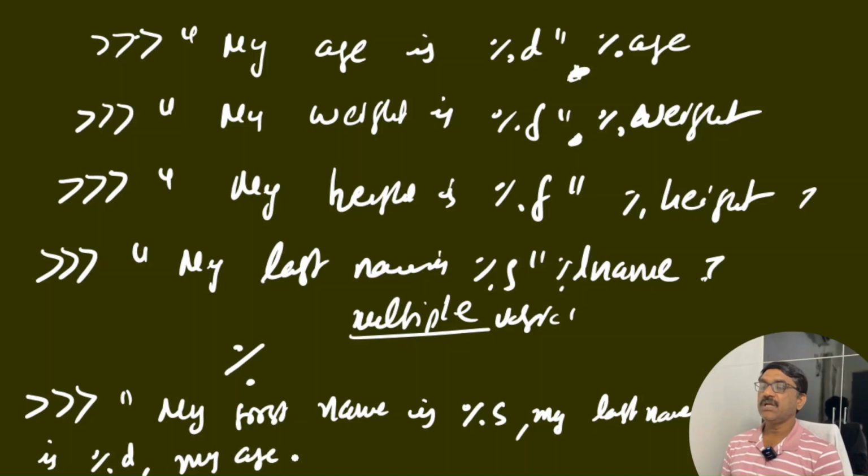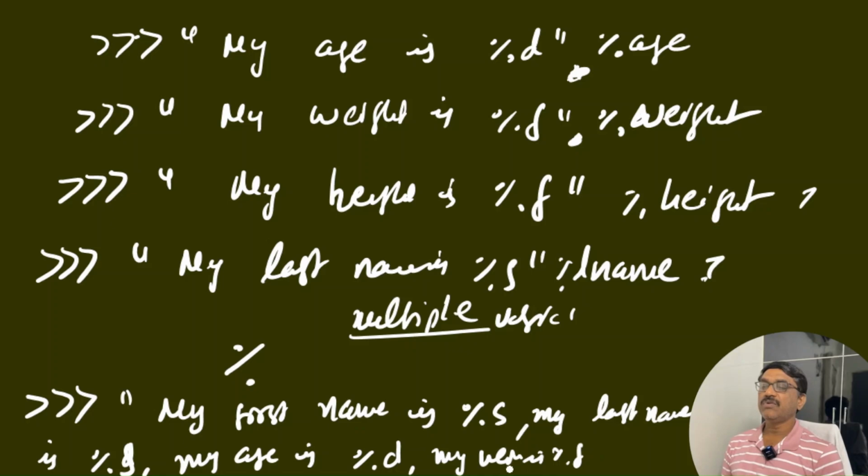My age is percentage d, comma. You can write my weight is percentage f. Like this, you can specify all the values in the same line.